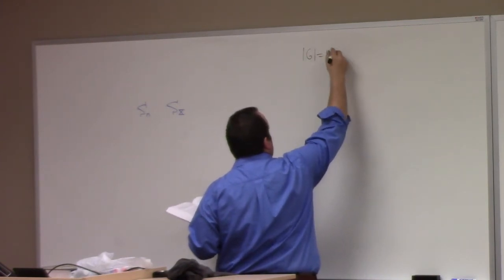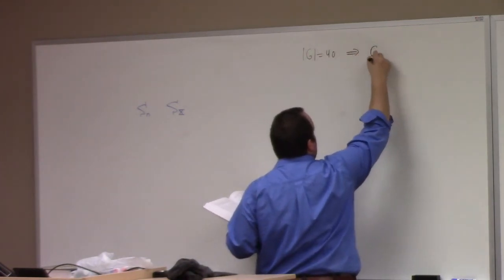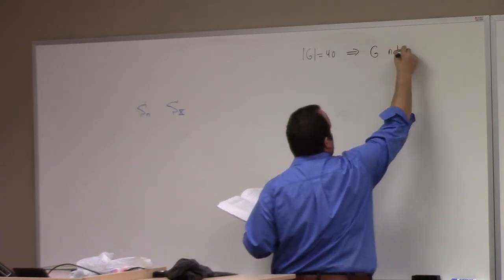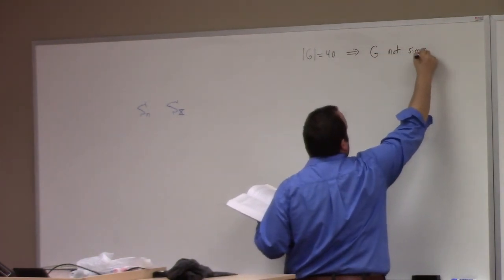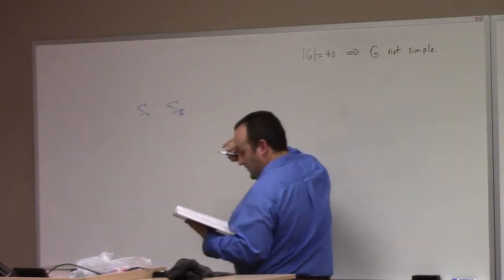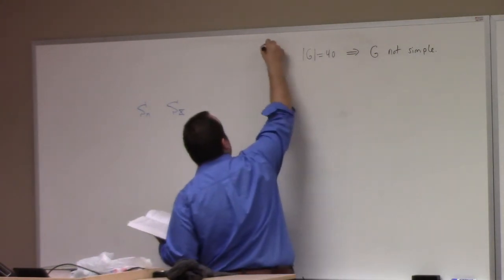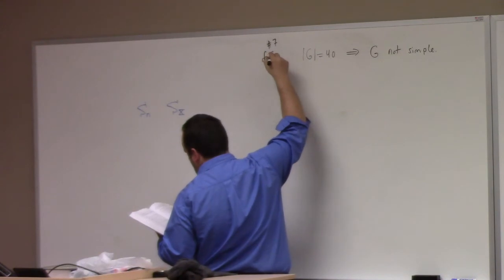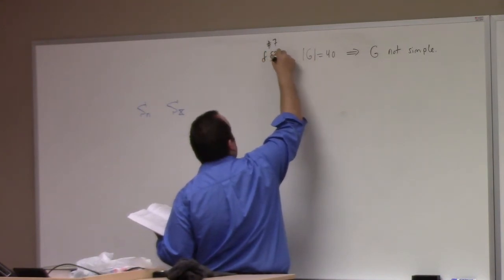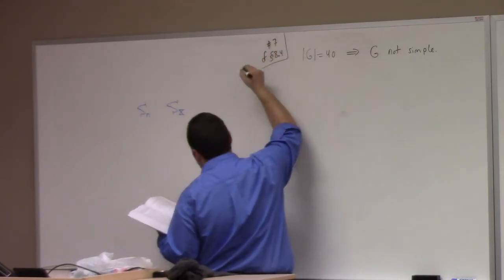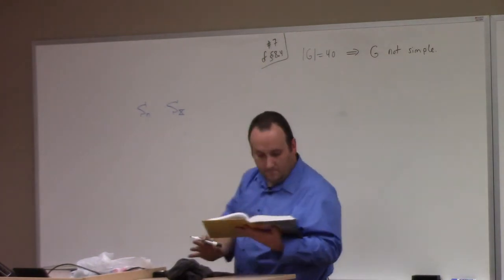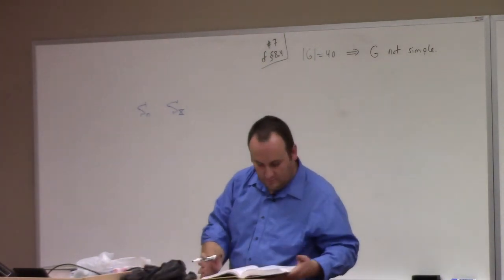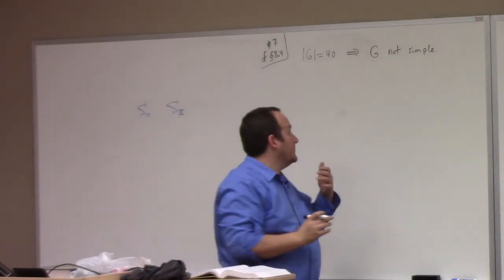We're supposed to show that that implies G is not simple. All right, number 7 of section 8.4, which I may not have assigned, but it's still a good problem. Let's see here. I guess the question was 40.